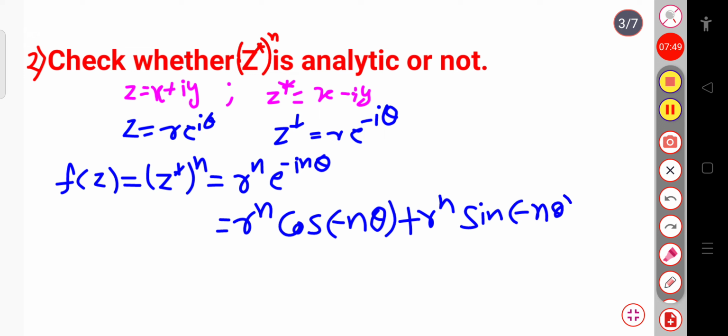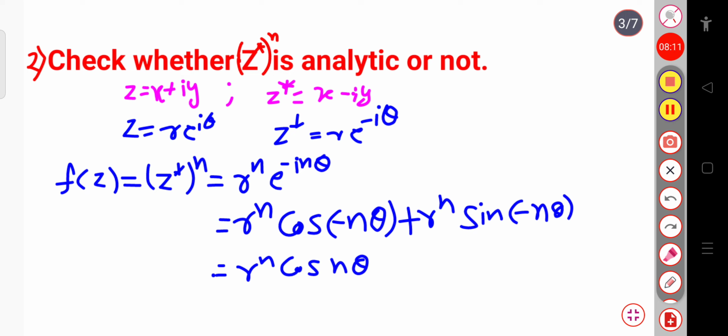Now we know cosine is an even function, so cosine of minus n theta is positive cos n theta. So this will be r power n into cosine n theta. Since sine is an odd function, sine of minus n theta equals minus sine n theta.